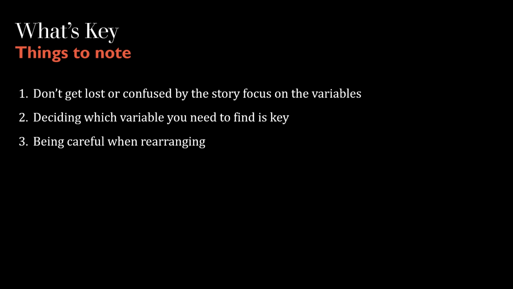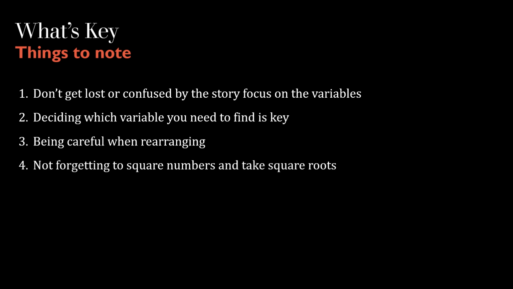And be careful when doing that rearranging. It's so easy to go wrong there, and especially in a multiple choice question where marks for working out won't be awarded. We're only going to be awarded marks for the answer, not how we got there. So that's particularly important that we watch the rearranging.